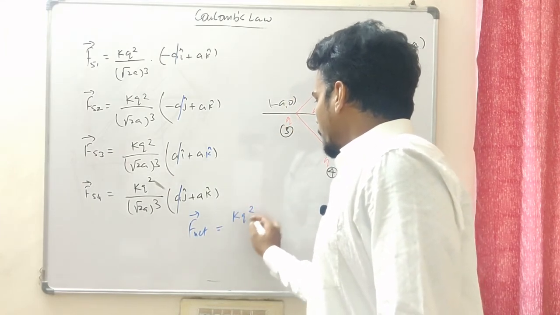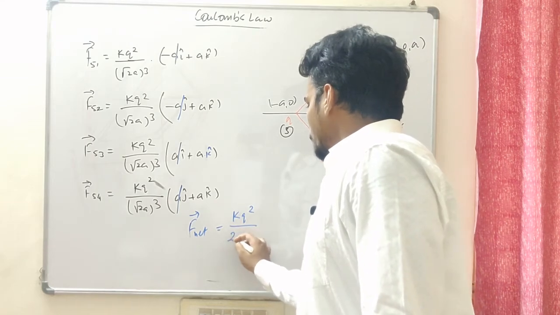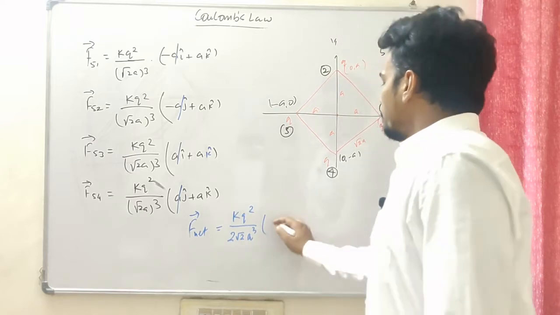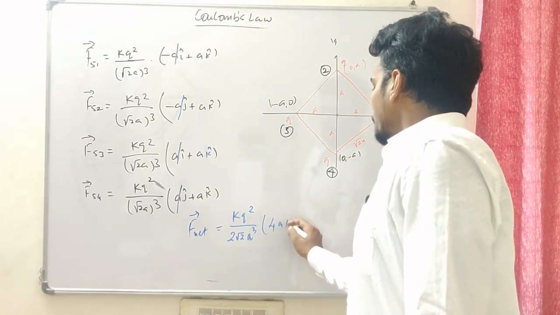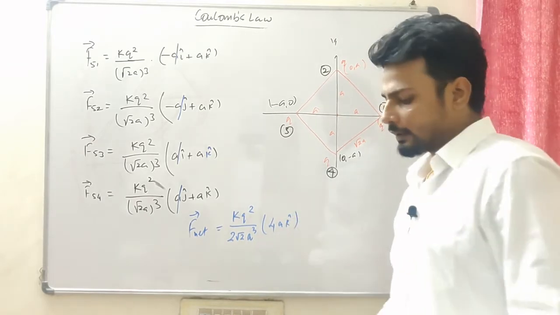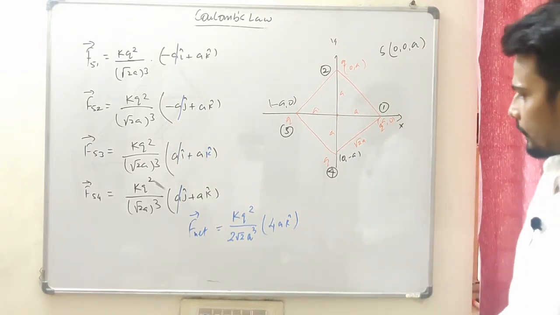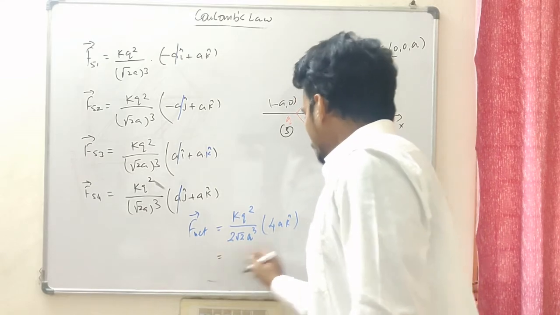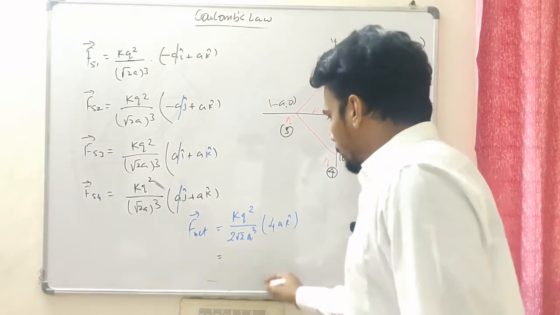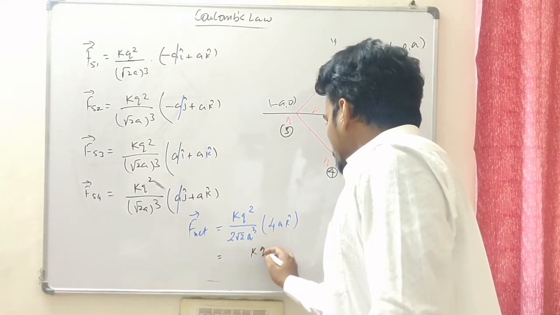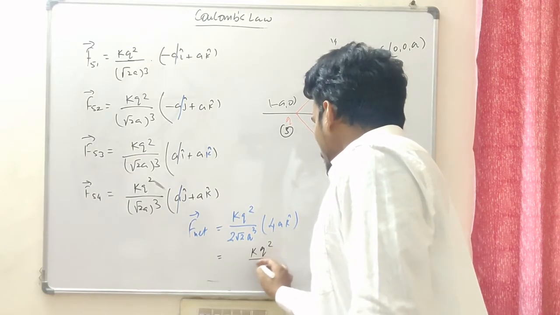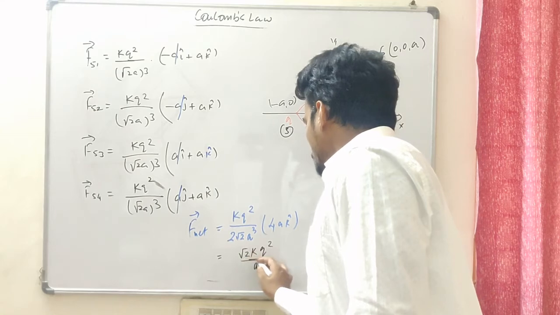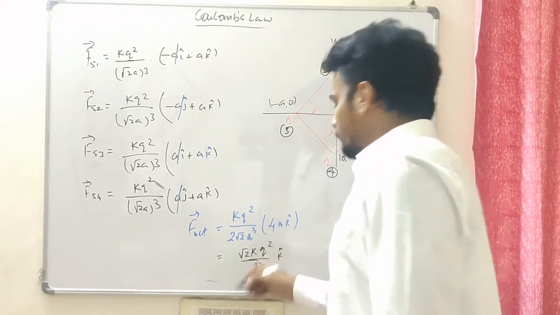K q square over 2 root 2 a cube, 4 a k cap, right? So this should be nothing but, a will have a square in the denominator, root 2 kq square over a square k cap.